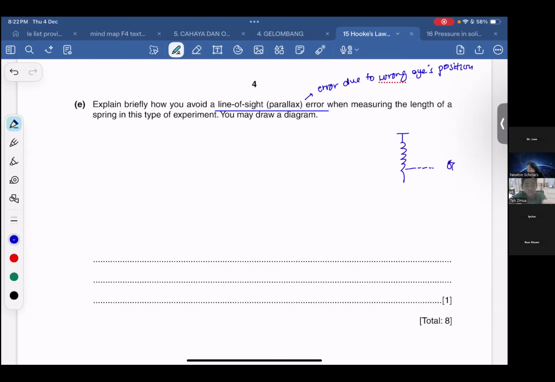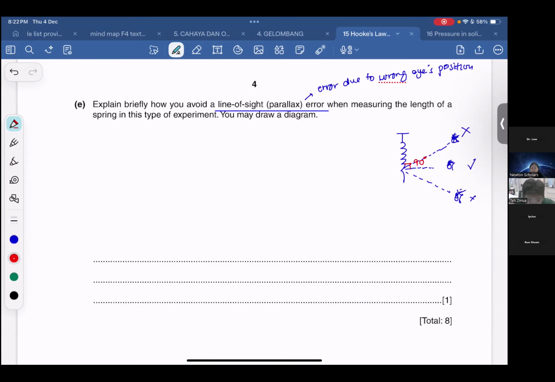So your eyes should be perpendicular, right? But then maybe you look from here because your friend is standing here, so you cannot see. So you're standing here and then you look at it. So this is a wrong position. This will cause a parallax error, or you are here, eyes here. So this is wrong. Only this is perpendicular, 90 degrees. This is the correct position.